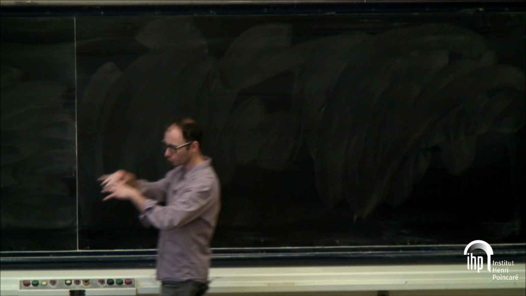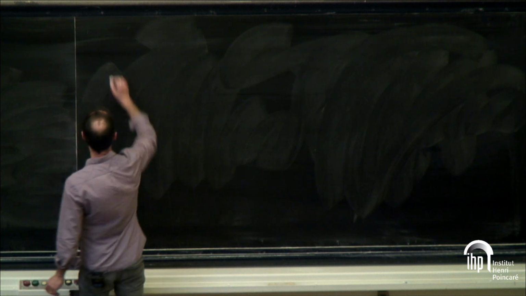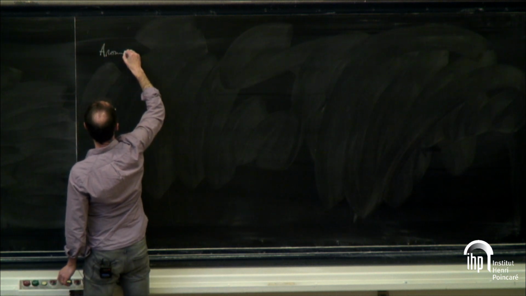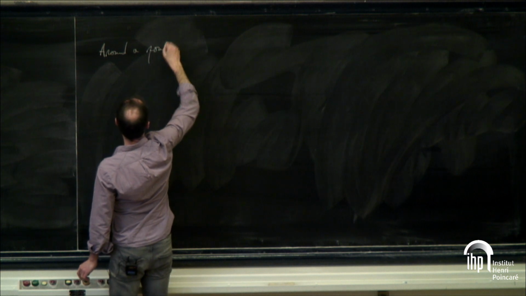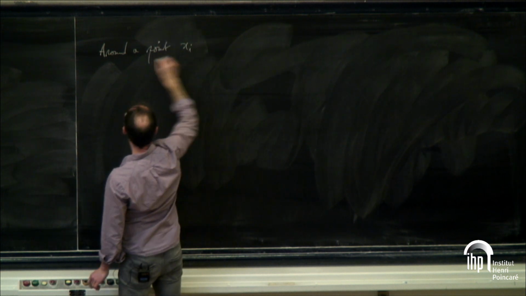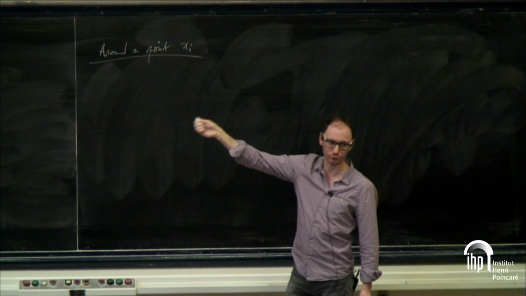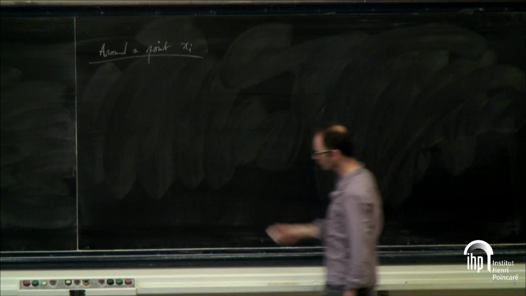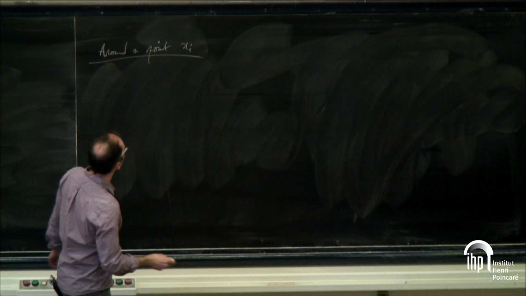So let's have a closer look at what happens around a point xi, one point of the triangulation, so to speak. So the picture is like this.